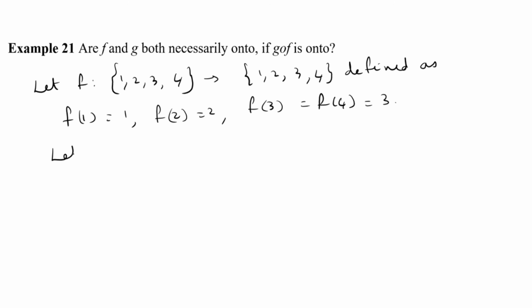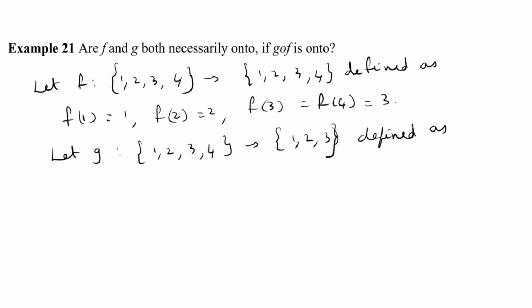And let g be a function from the set 1, 2, 3, 4 to the set 1, 2, 3 defined as g of 1 equal to 1, g of 2 equal to 2, g of 3 equal to g of 4 equal to 3.